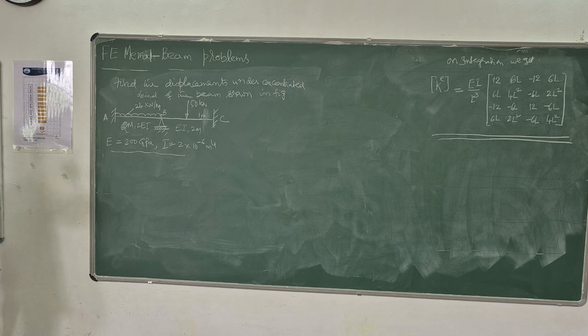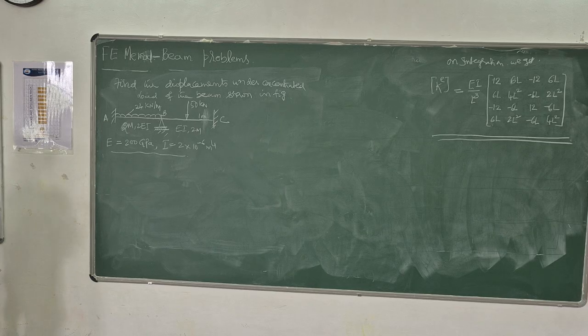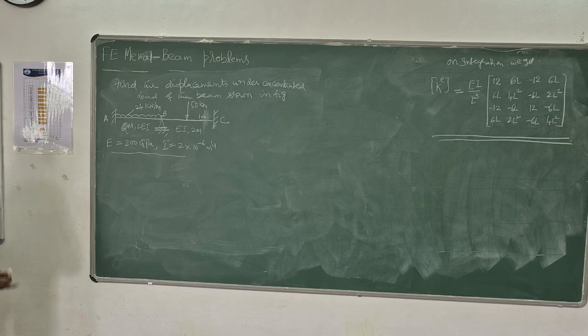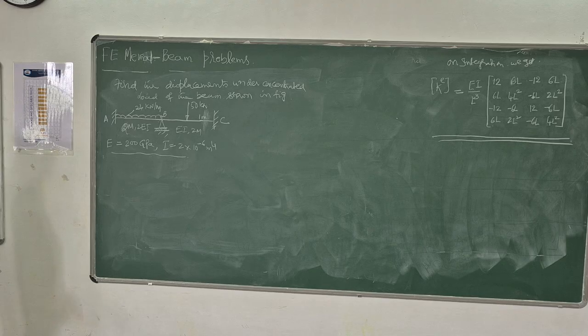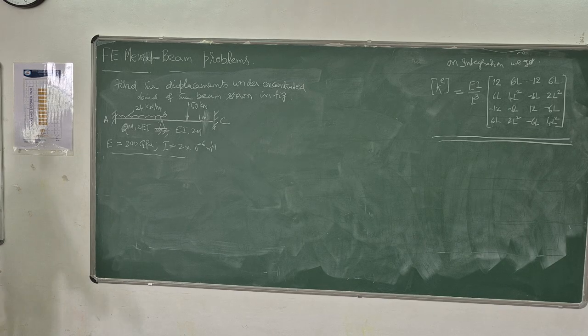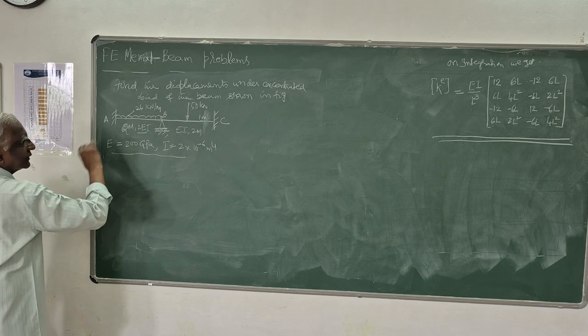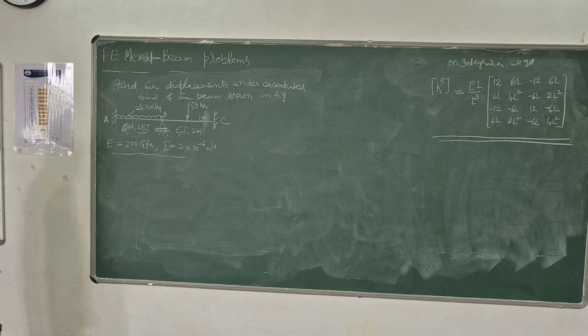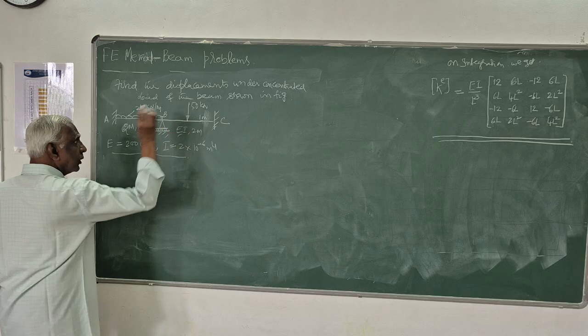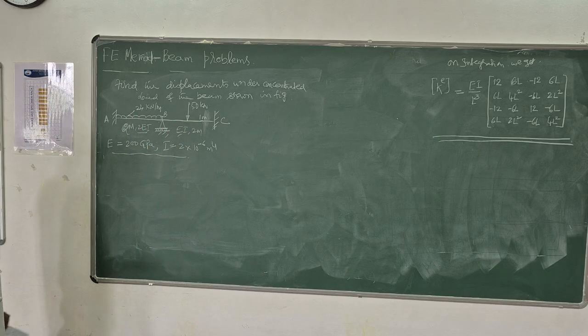It can be applicable for complicated loading, complicated boundary conditions, change in the sections. Whenever there is a change in section, everything I have taken here, this is 2EI, this is EI, change in section is there, and at some concentrated load point, I have to determine the slope and deflection.